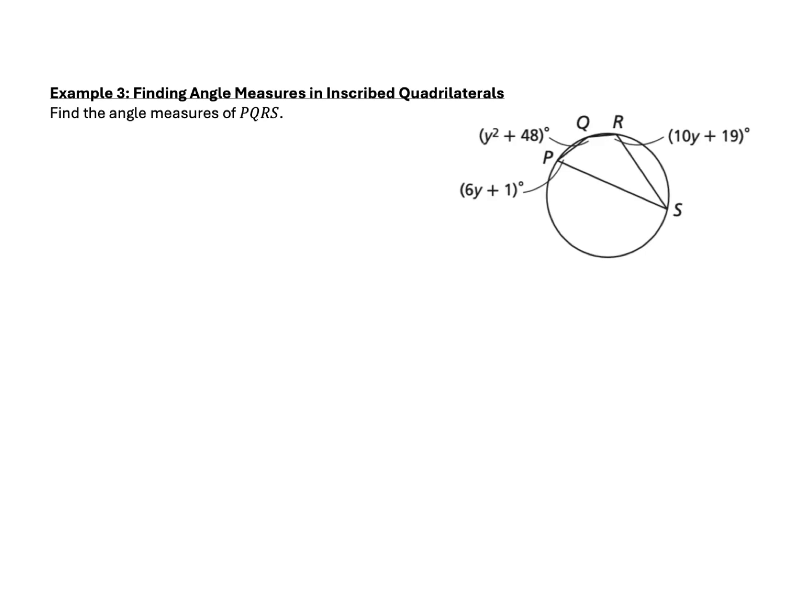Here's one final example type for this lesson. Notice that PQRS is an inscribed quadrilateral. It's an inscribed polygon that has 4 sides, making it a quadrilateral. Well, in an inscribed quadrilateral, remember that opposite angles are supplementary.